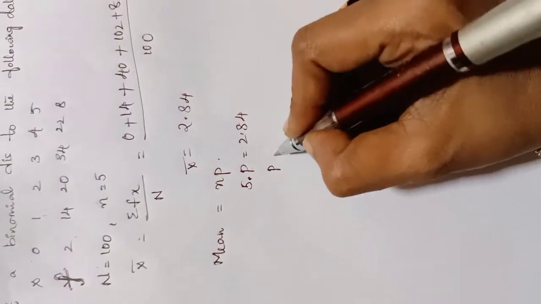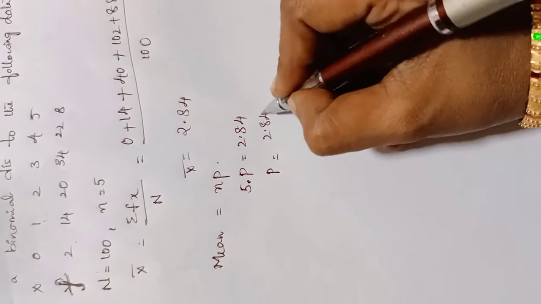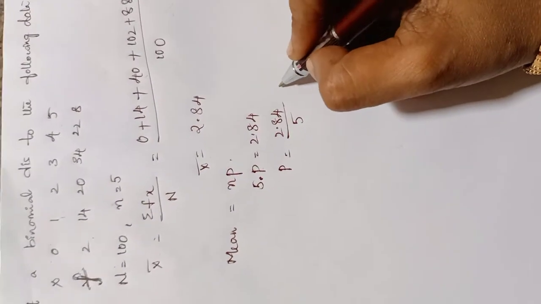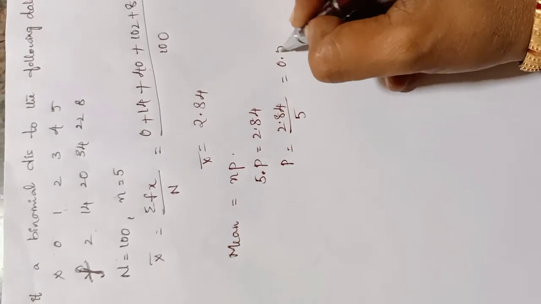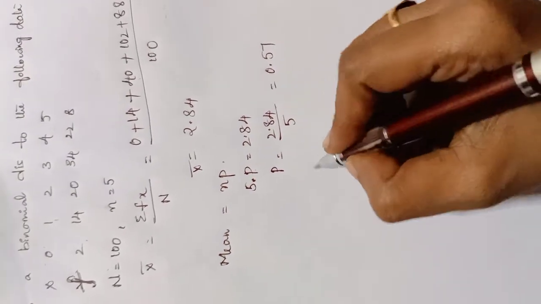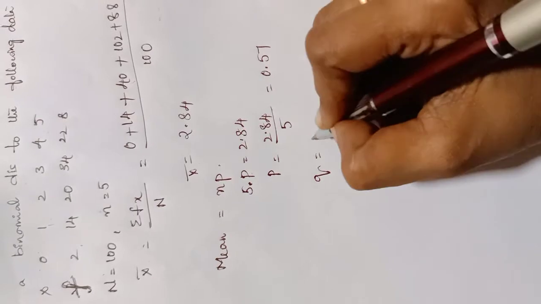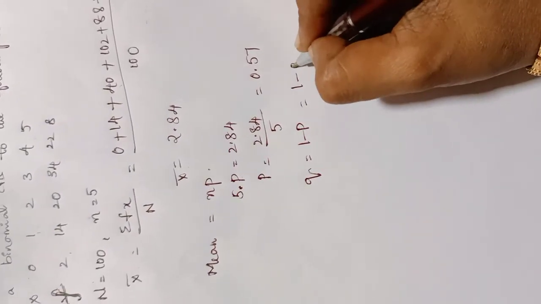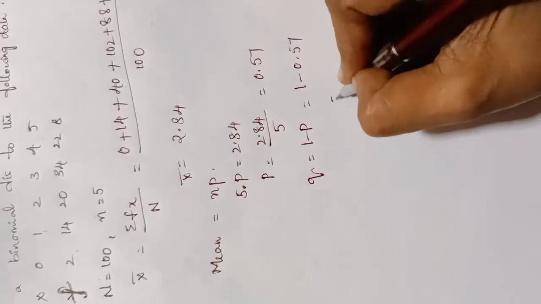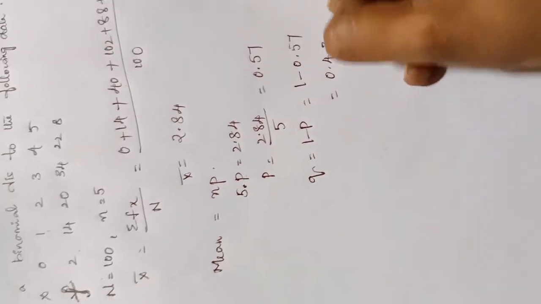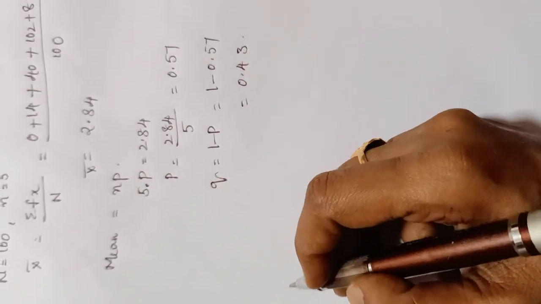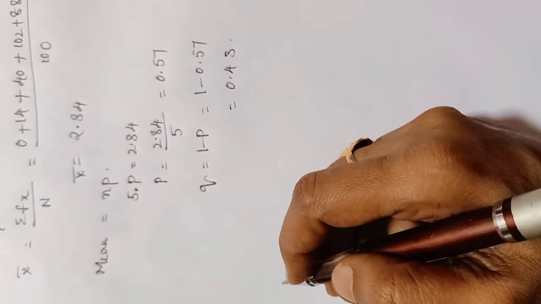Then we can calculate the p value, that is 2.84 divided by 5, which is equal to 0.57. That is the p value. Then q equal to 1 minus p, that is 1 minus 0.57, which is equal to 0.43. So we have calculated the p and q values. Then we can go for the binomial distribution.